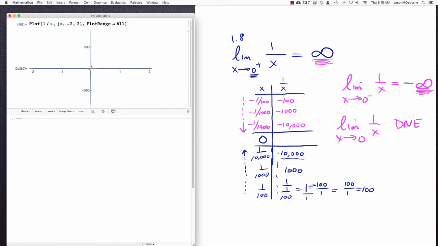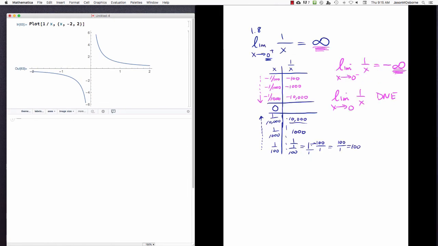Now, let's try to answer another question about this function 1 over x. What do you think about the limit as x goes to a big number of the function 1 over x? In the book, when they want to think of the biggest number they possibly can, they come up with the concept of infinity.